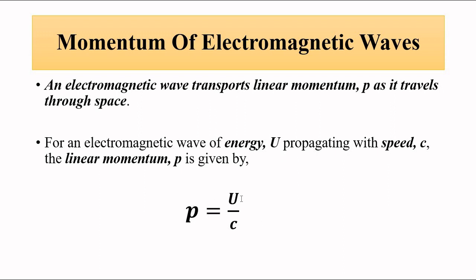So p is equal to U by c, or linear momentum of electromagnetic waves is equal to total energy by speed of electromagnetic wave.